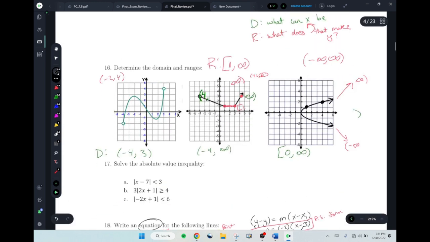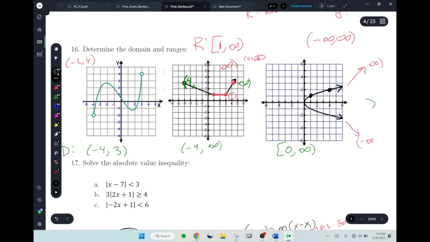Yeah. We did that so long ago. Domain and range were like week 1 or week 2. So.